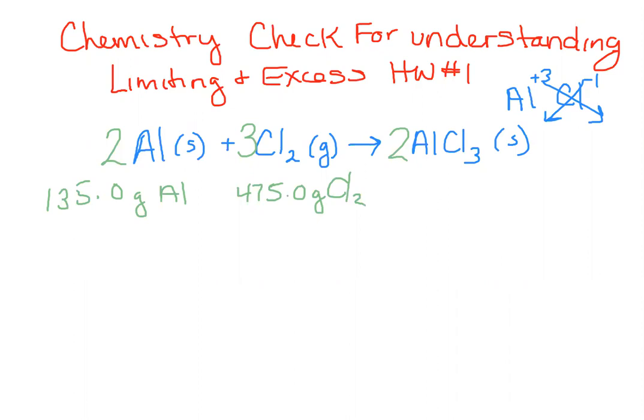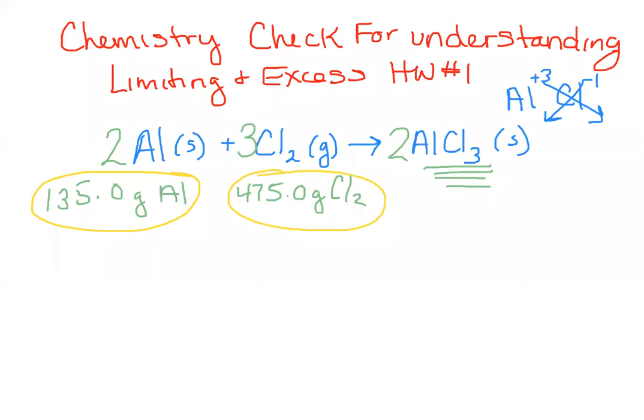All right, so let me write that a little better. So that's what we're given, but we want to find out how many grams of aluminum chloride right here are produced, but we can't do that until we know if we're going to use this much of aluminum or this much of chlorine gas. And to do that, we have to find the limiting reactant.